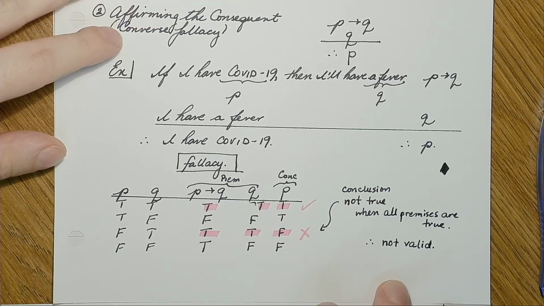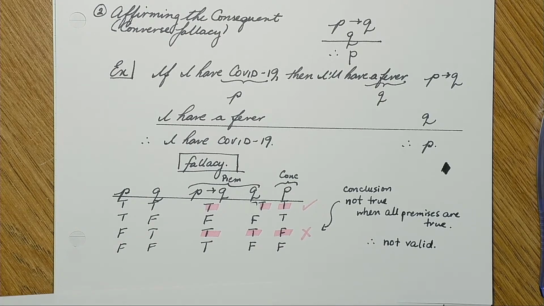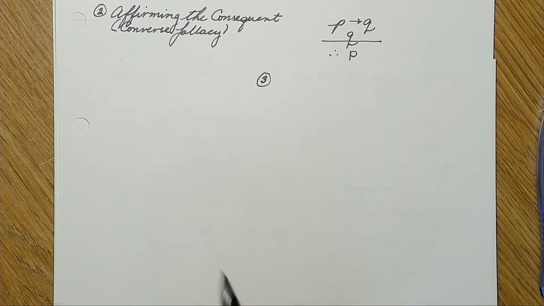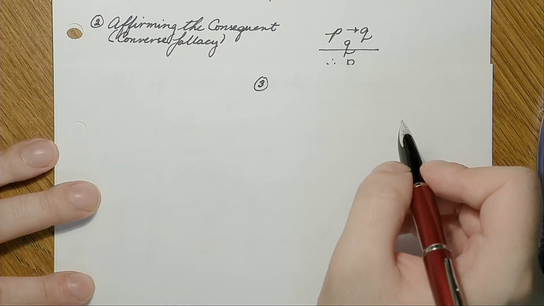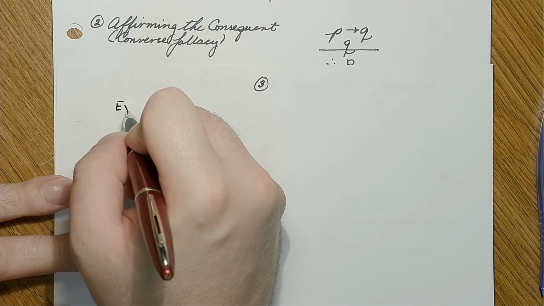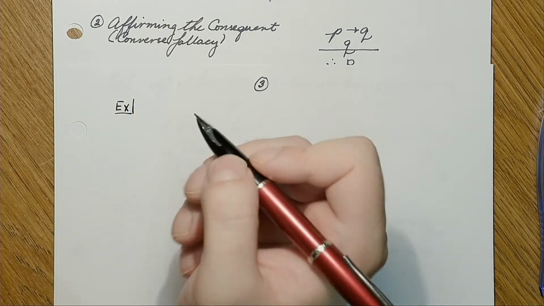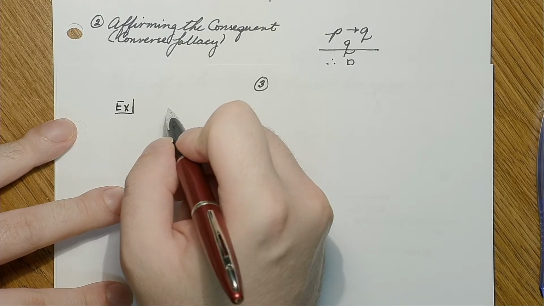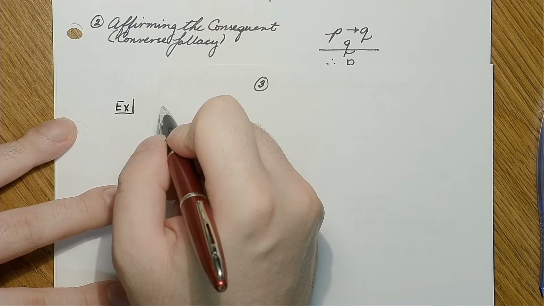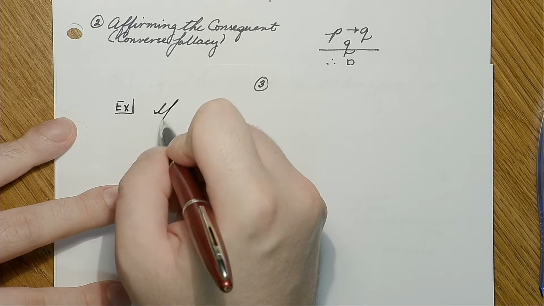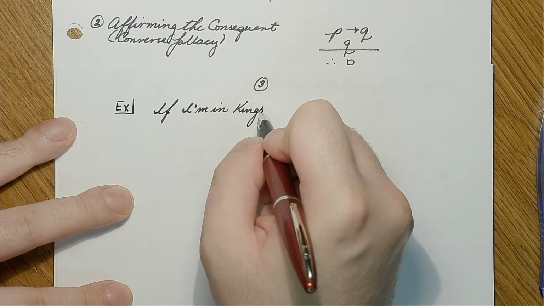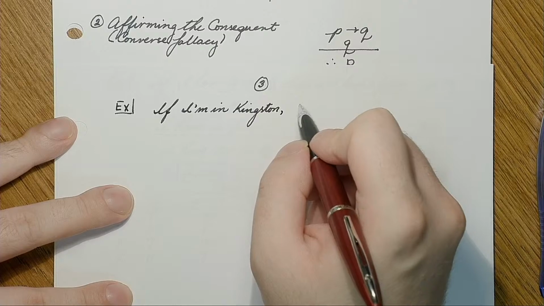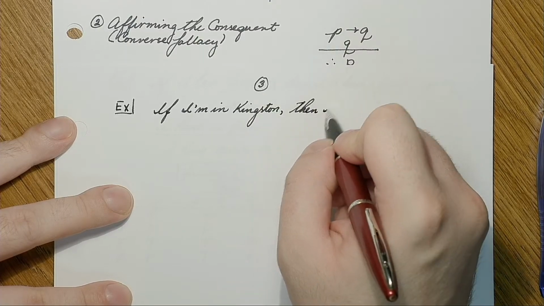So we're thinking of cause and effect, or let's do another example. Affirming the consequent. So let's say if I'm in Kingston, then I'm in Ontario.